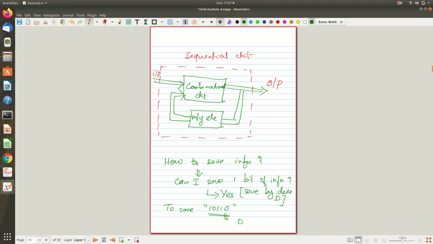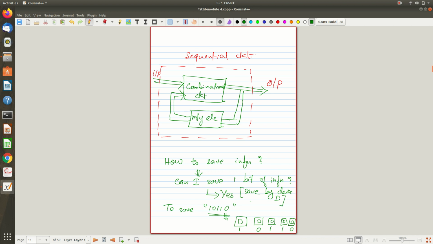You connect the same device 5 times, and each device is capable of storing 1 bit, right? So this one can remember this 0, this one can remember 1, this one can remember 1, this one can remember 0, so that the whole information is being remembered by the circuit. So this is the fundamental idea of how to save the information.